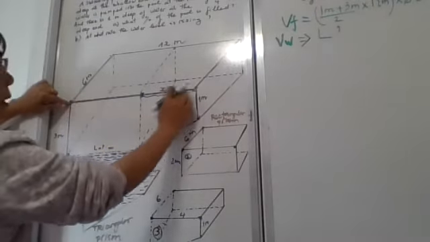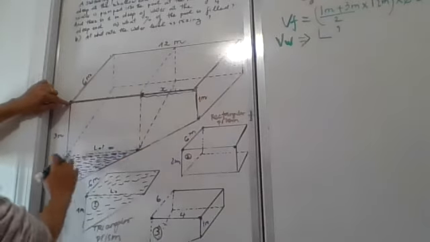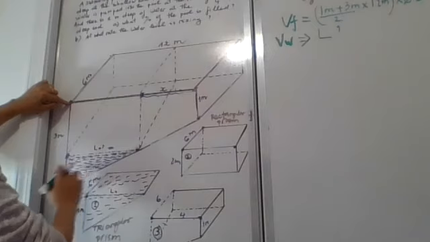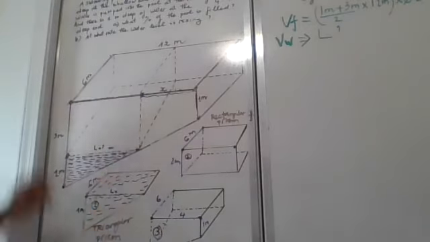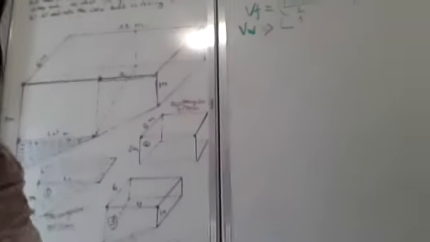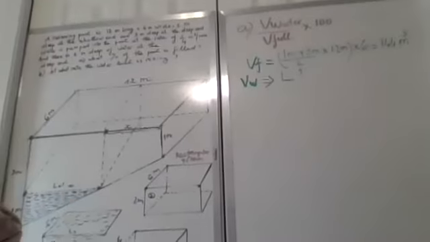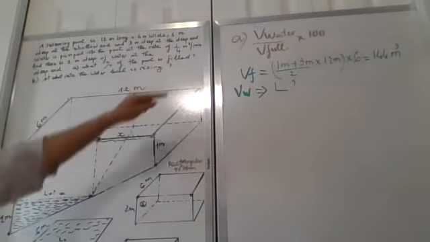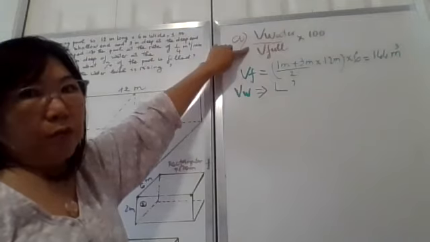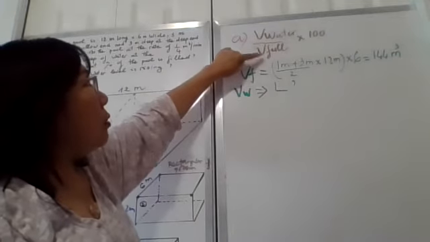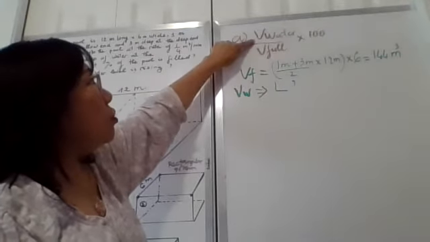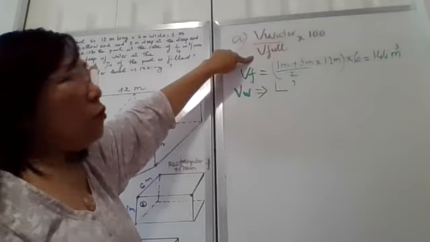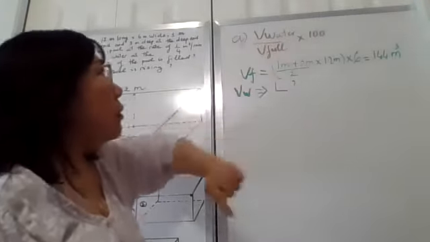If you look at the big trapezoid here, I think I lost a part of my writing over there, so I'm going to adjust the computer so that you can see what I put before. So before, to find the ratio, you have to find the volume of water divided by the volume of the full pool times 100.